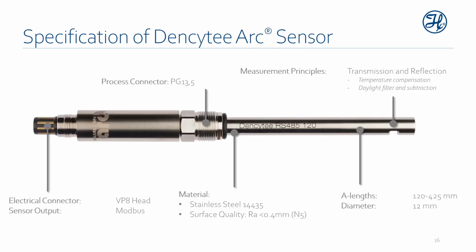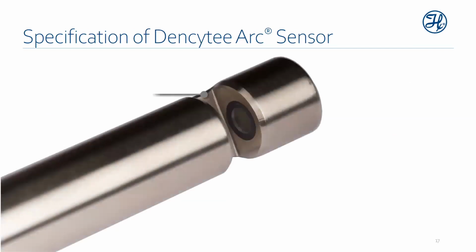And then we use a VP8 Modbus output as our standard connection. This goes along with, again, a lot of our pH and DO, as well as VCD and conductivity measurements, as well as a decent number of other pH measurement sensors. On the front end of the sensor itself, we have a fixed optical path length.